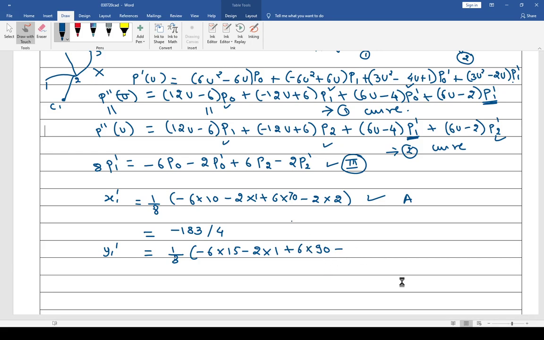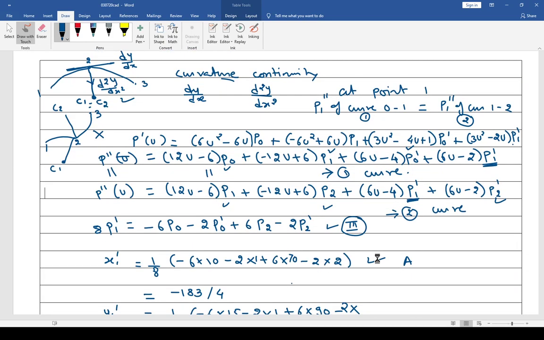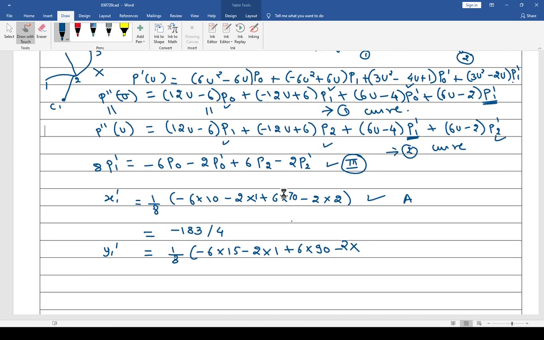Let it be. So 2 into, next is p2 dash, so that is 3. Okay, so if you try to solve this, you get minus 229.4.